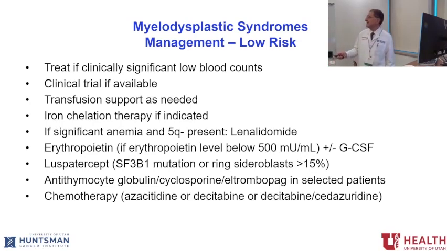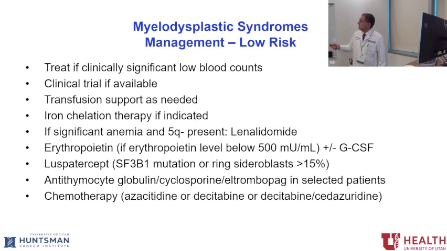This is called the ATG, antithymocyte globulin, and then another drug called cyclosporin, and then a third drug called eltrombopag. So this is a treatment that is very similar to what you would use in aplastic anemia. It works in very selected patients with MDS, so there's a subgroup of MDS patients who could benefit from an aplastic anemia type of treatment.